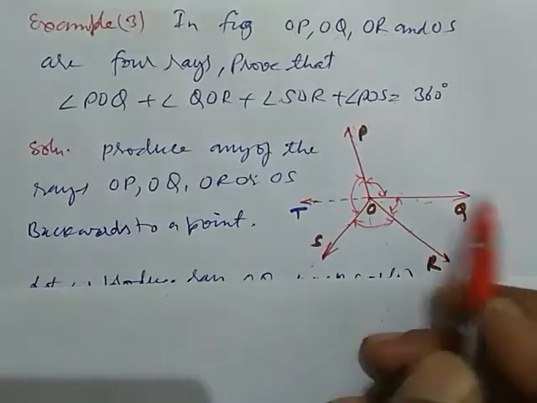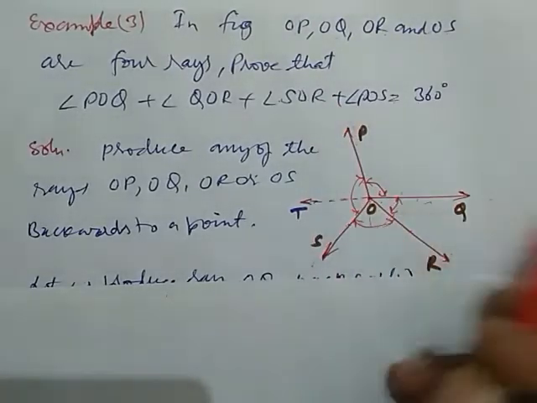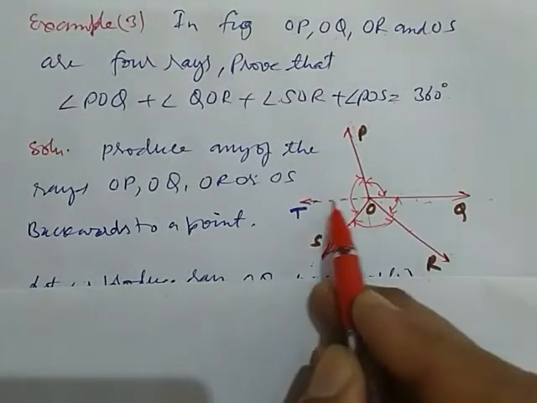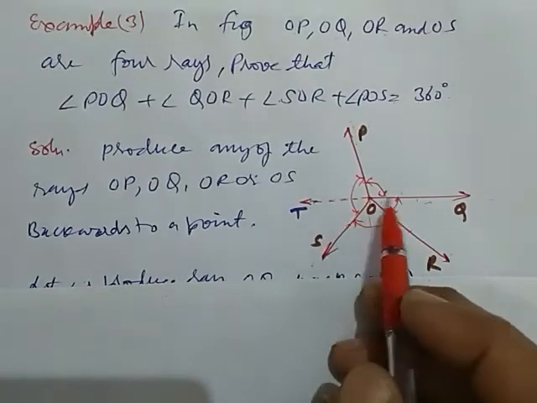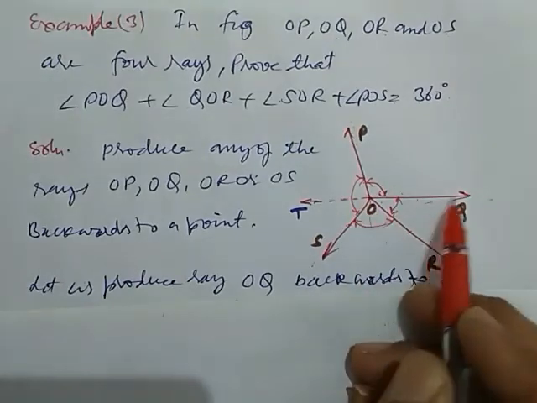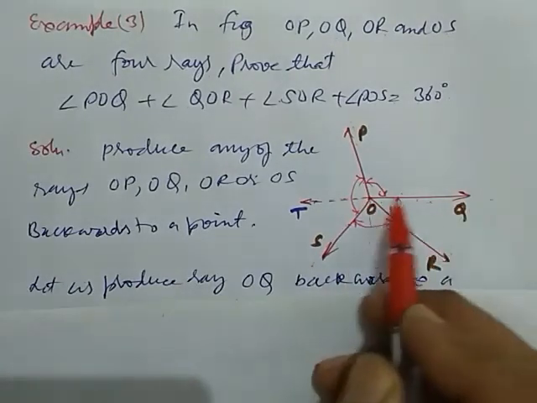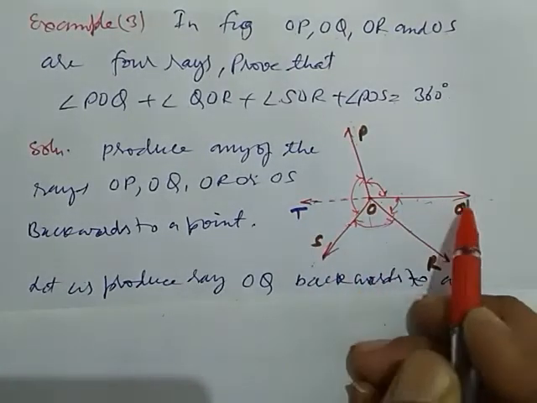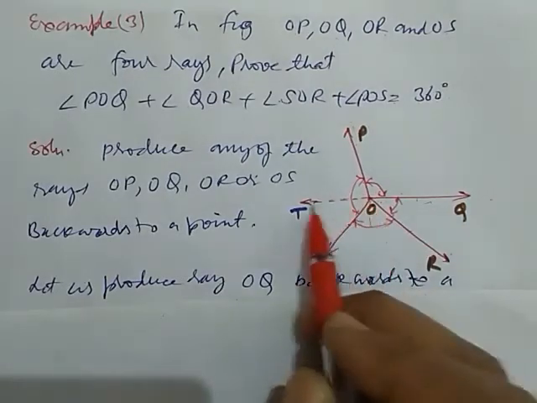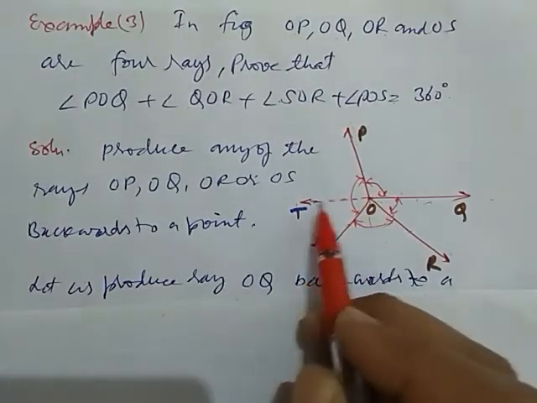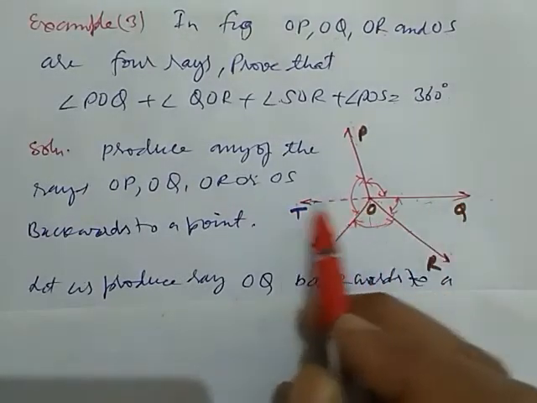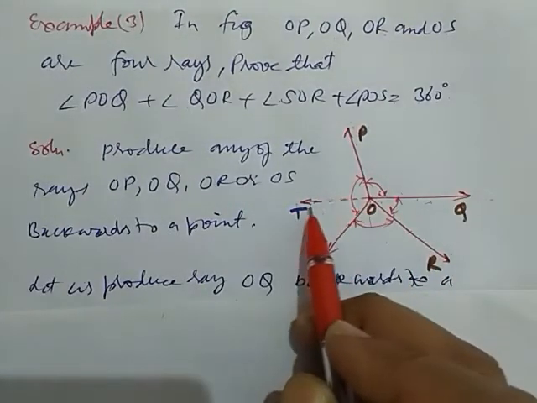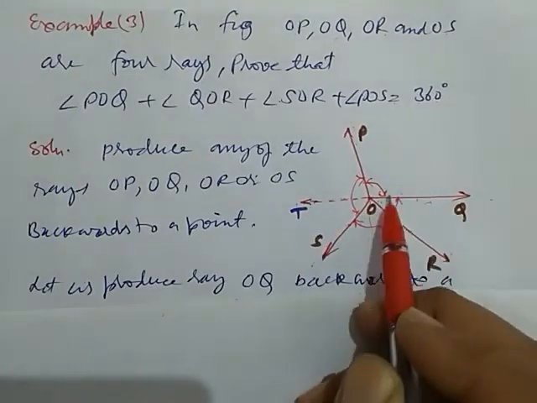Backward because these rays are outside, and we extend them backwardly. Here, let us produce ray OQ because this makes the straight horizontal line. So we produce OQ backward and we get OT.